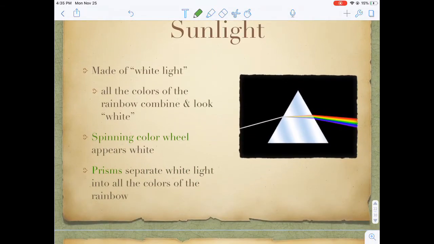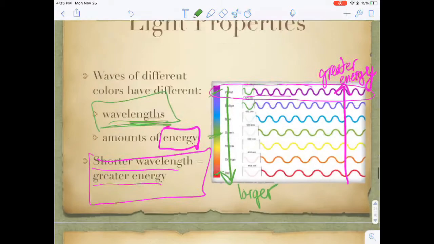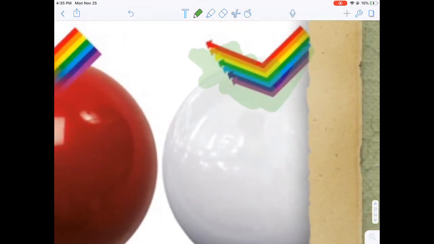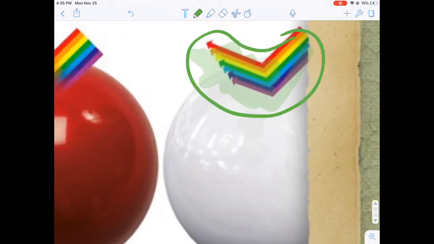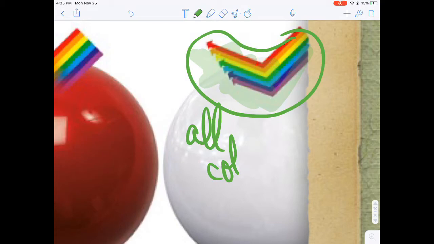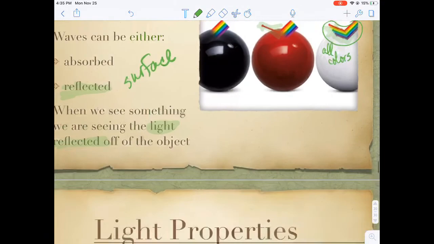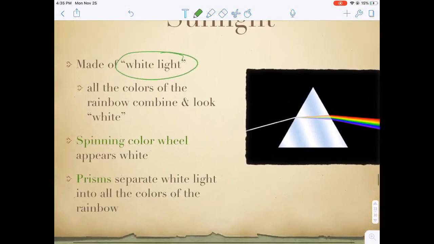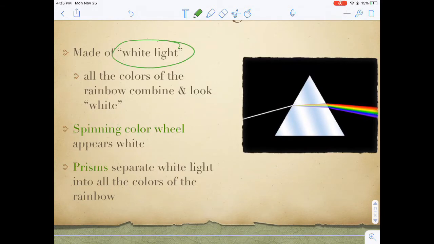So sunlight is made up of white light. Now, if we remember from our billiard ball, white light is all the colors. So we come back down here. If you've ever seen a spinning wheel that's got all of the colors of the rainbow on it, when it's spun, it makes it look white.